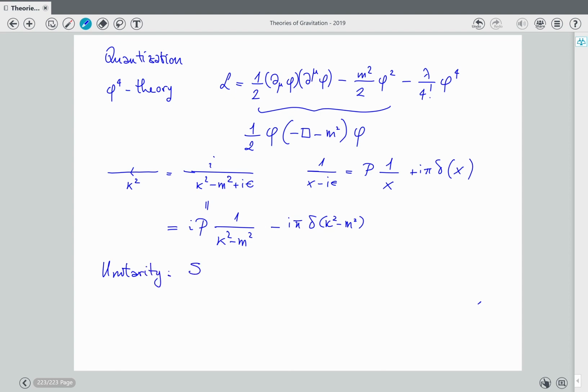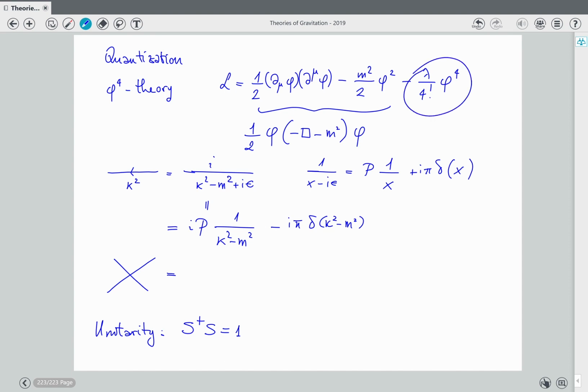Unitarity is a statement about the S matrix, S S dagger equals 1, and the S matrix is built by means of Feynman diagrams, which are built by means of this propagator plus a vertex, which describes this interaction.